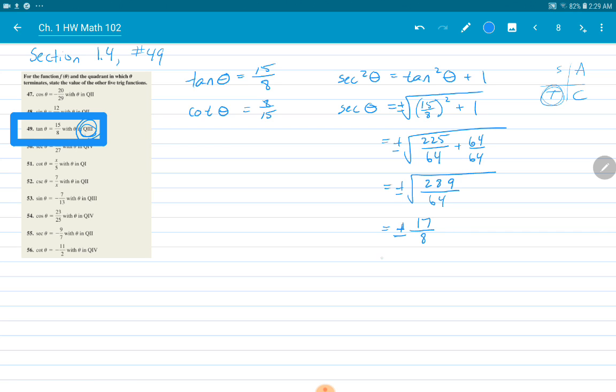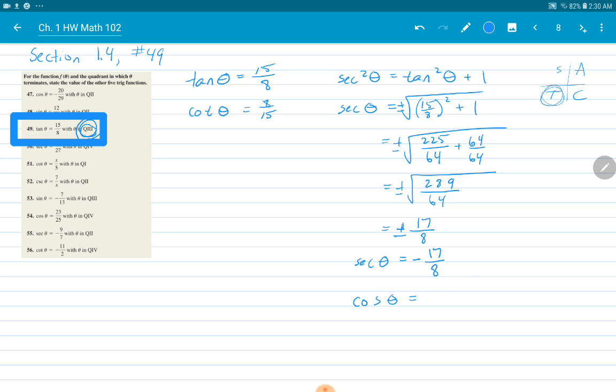So our secant is going to be, did I say positive? Yeah, negative. Okay, sorry, negative 17/8. I can't remember what I said, but negative 17/8. Secant and cosine are negative in quadrant 3.